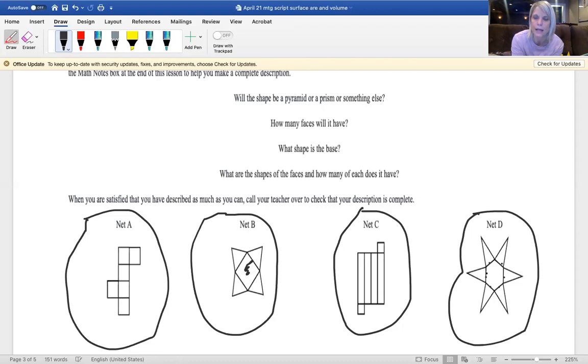So that's the hexagon. And then you have the star pattern. Usually when you see the star pattern, that means if it's folded up, it will make a pyramid. Now this isn't a pentagonal, because pentagon would have 5. This one has 6. So be careful on that. Just count the sides, because that would make a difference.